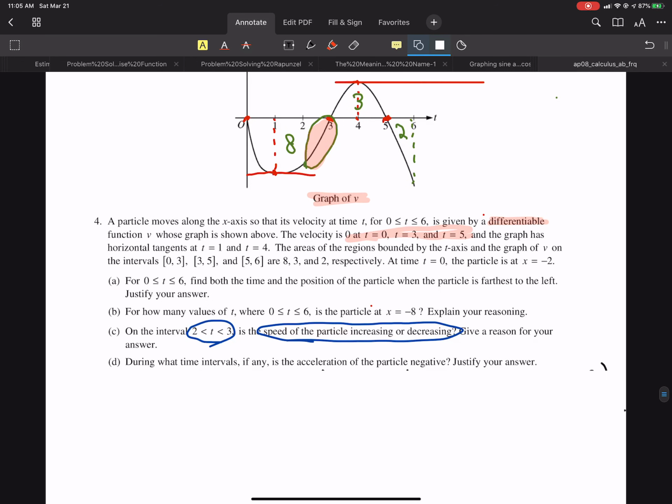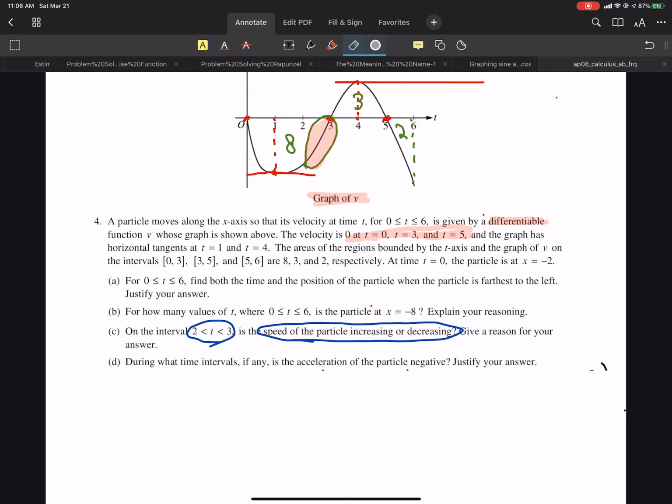Oh, very interesting, because we just kind of did this. We're going to have two intervals. So it's the same logic. I don't know why they have this question, because we needed this on part C. But if the velocity is decreasing, its derivative is negative, and we know its derivative is acceleration.